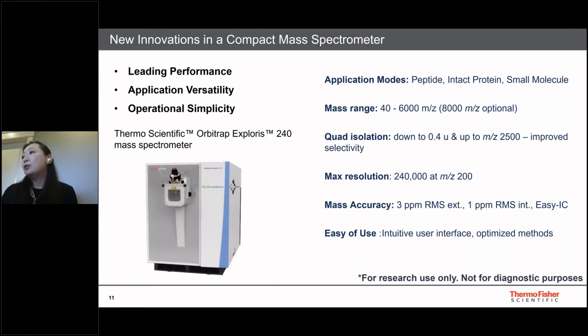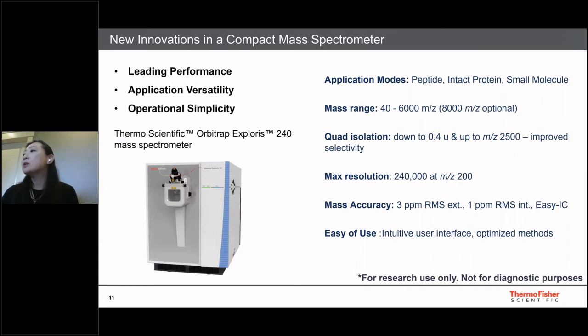This year, we introduced the new Orbitrap Explorer 240 mass spectrometer for translational proteomics, with mature Orbitrap technology, leading performance, application versatility, and operational simplicity. It can handle peptides, intact proteins, and small molecule applications. It scans a mass range from 40 to 6,000 m/z with improved selectivity for quadrupole isolation.